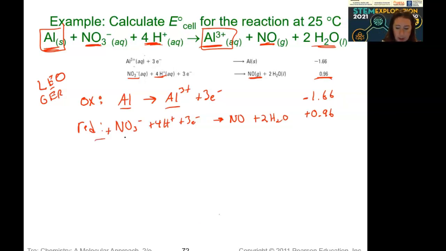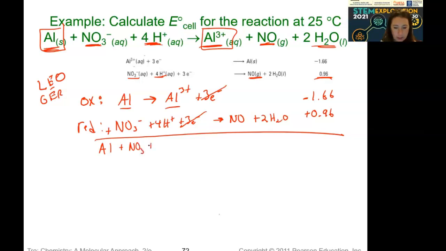So when we add this reaction, our electrons cross out and we end up with aluminum plus NO3- plus 4 hydrogens goes to aluminum 3+ plus NO plus water. I'm not putting the states in. And then we add this here.